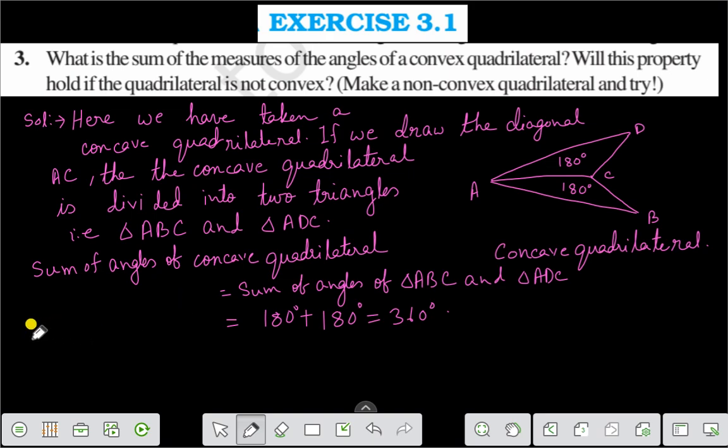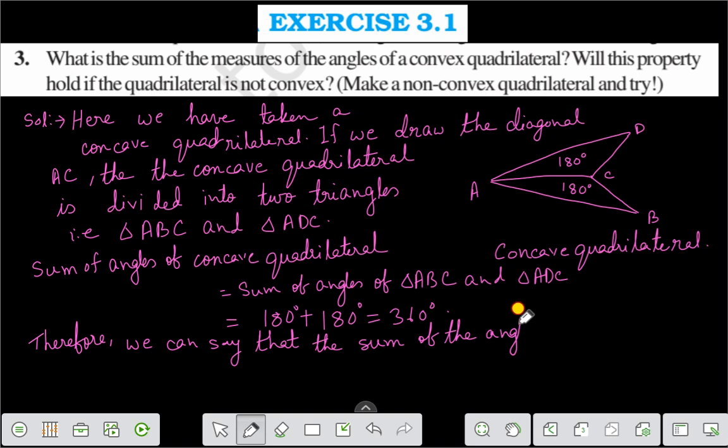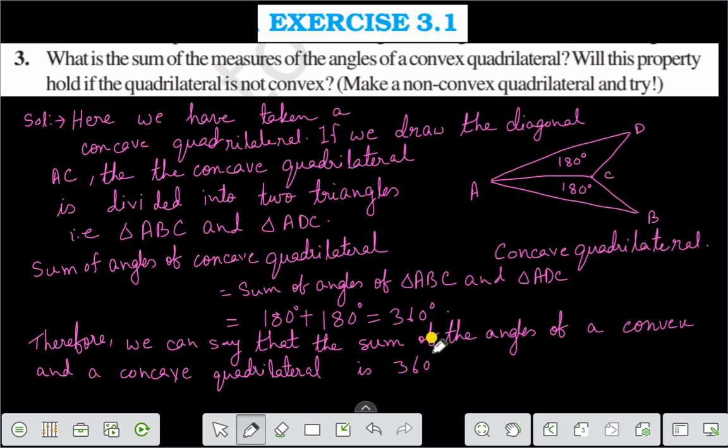Therefore, we can say that the sum of the angles of a convex and a concave quadrilateral is 360 degree, right?